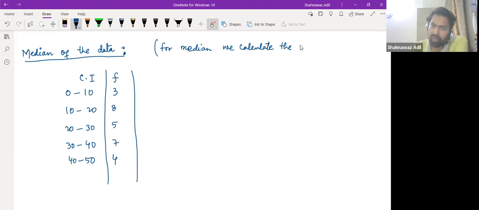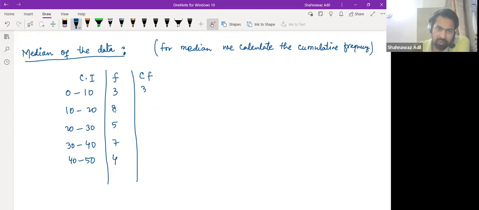the cumulative, as the name suggests. We have to accumulate all the frequencies. So cumulative frequency, and what are those? They are the sum of all the preceding frequencies. So let's say the preceding frequency for this 3 is nothing, and then you have this 8.